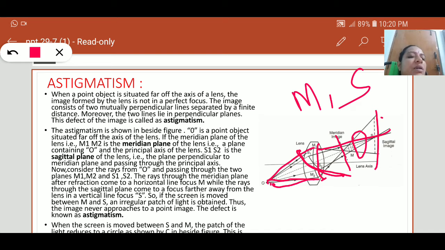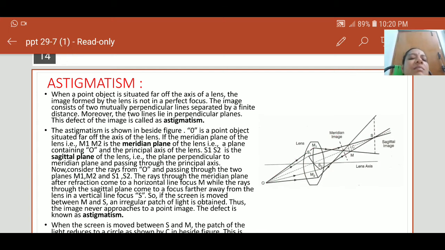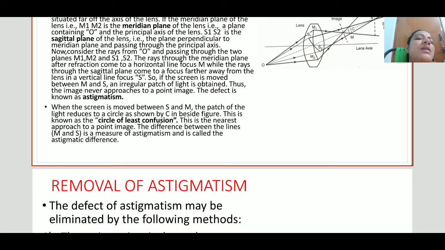This defect is known as astigmatism, and this is the reason for it. Suppose we move that screen in between this meridian image region and sagittal image region; the patch of light reduces to a circle here.